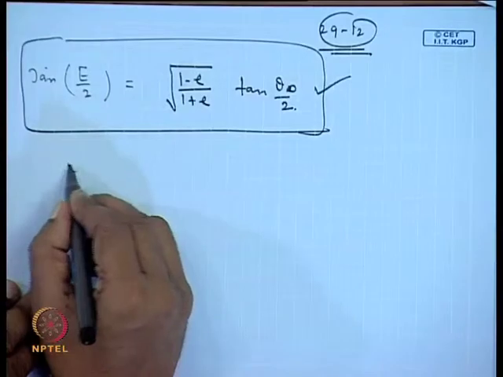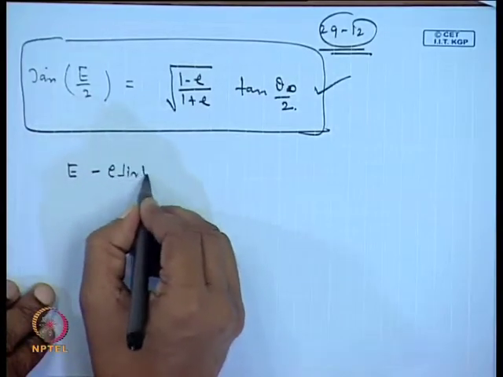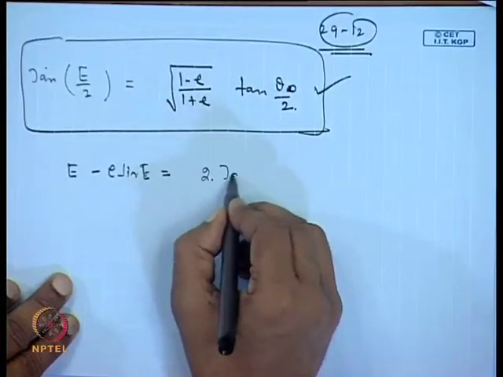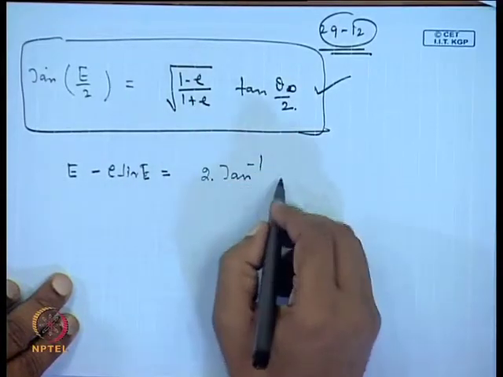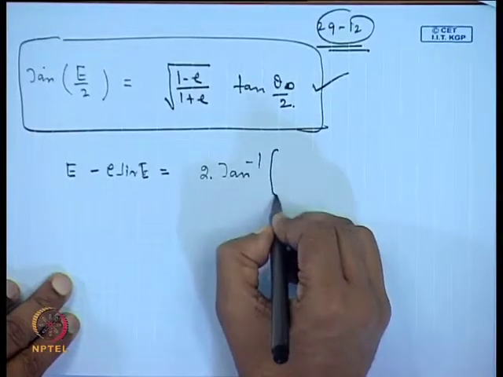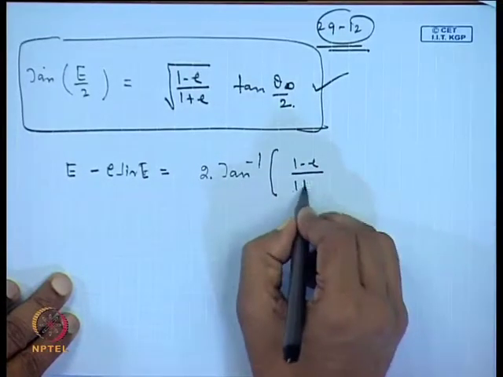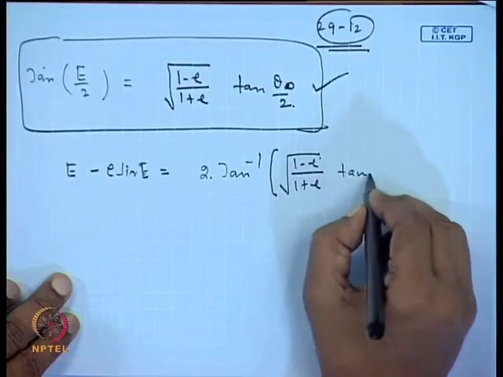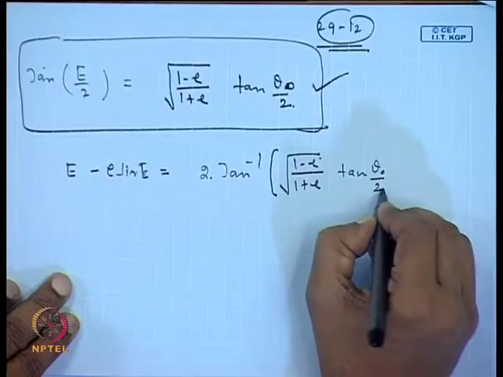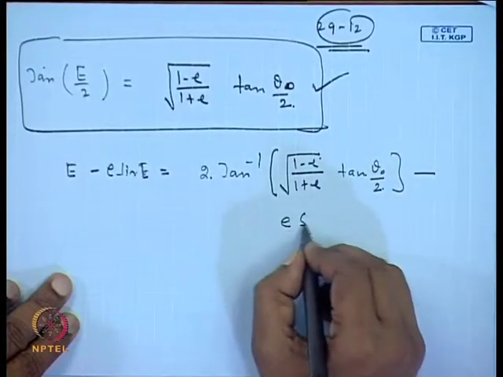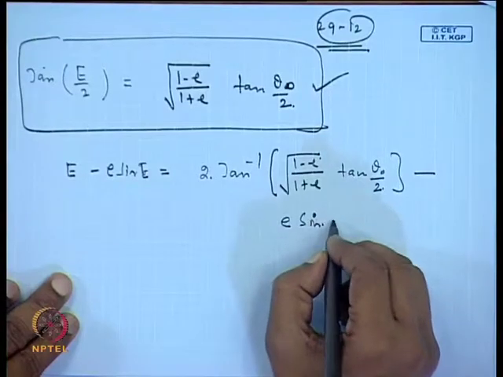So, we will have E minus e sin E, with E equal to 2 tan inverse of square root of 1 minus e by 1 plus e times tan theta 0 divided by 2, minus e sin E.